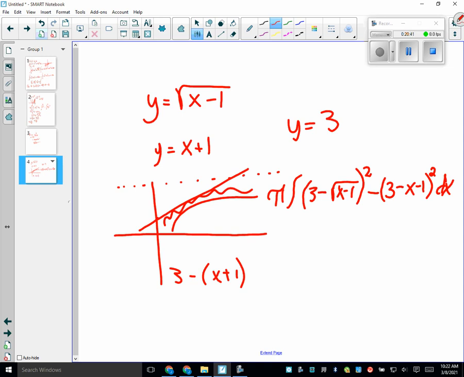Now, I start at 0, don't I? Where do I stop here? When does my line equal 3? 2. So it's just wherever the first one intersects.